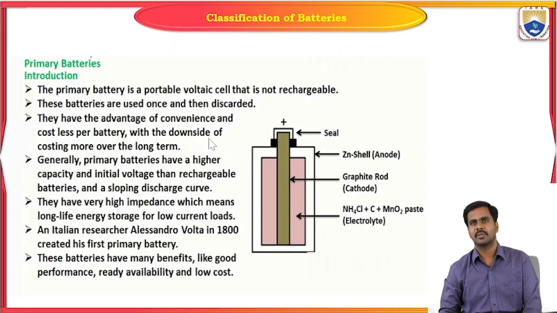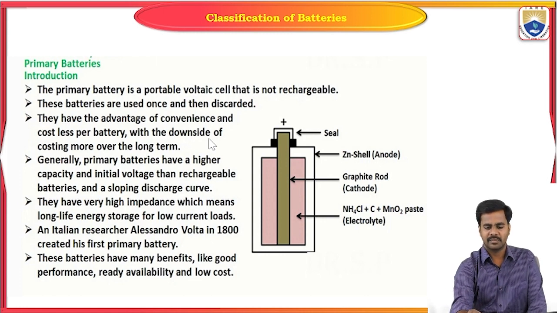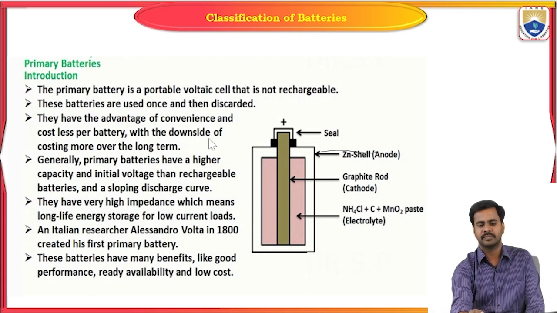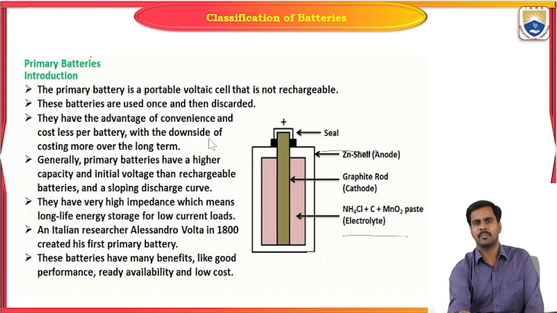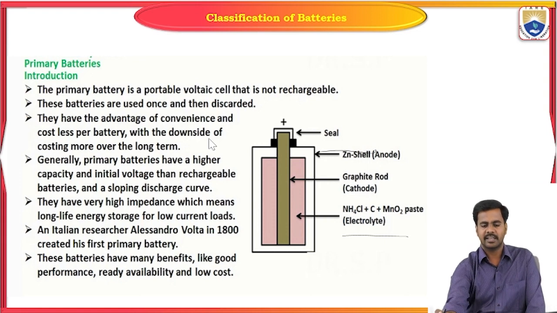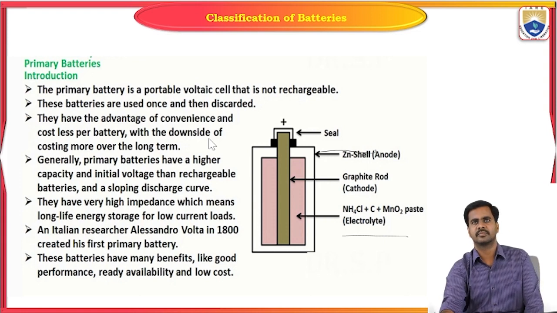So this is the primary battery. Here zinc acts as the anode and this graphite rod acts as the cathode. The space between the anode and cathode is filled with ammonium chloride and manganese oxide, which acts as the electrolyte. So it is a portable voltaic cell. It is not rechargeable.